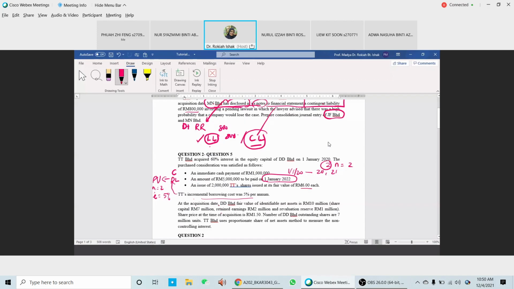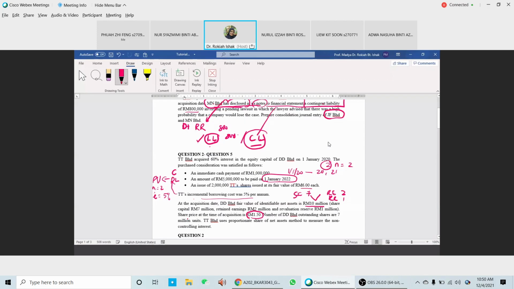At the acquisition date, DD's fair value of net identifiable assets was 10 million. From that 10 million, we have share capital of 7 million, retained earnings of 2 million, and a revaluation reserve of 1 million. The share price at the time of acquisition was 1 ringgit 50, and the number of DD outstanding shares was 7 million.